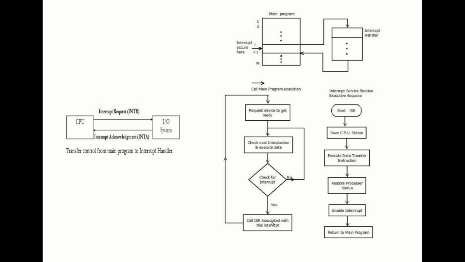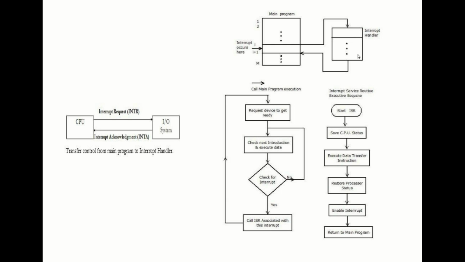So when I say interrupt service routine, it will have a set of statements like this. It will start the interrupt service routine and it will save the CPU status. Why does it need to save the CPU status? Because the main program will be having a different status, whereas the interrupt service routine will have a different status.